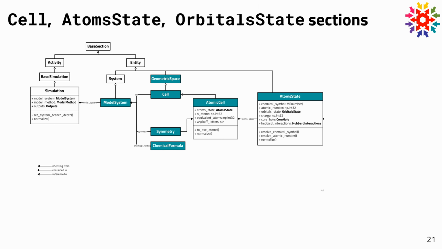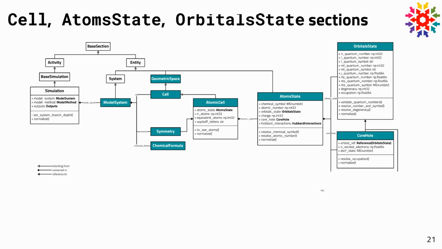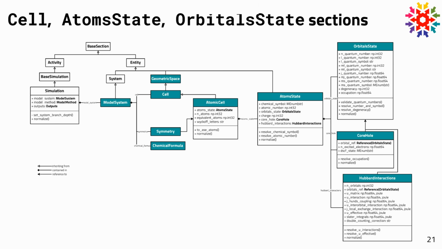Like, for example, in core holes, you create a hole in one of the core orbitals, and then you also have information about the Hubbard interactions if you want.